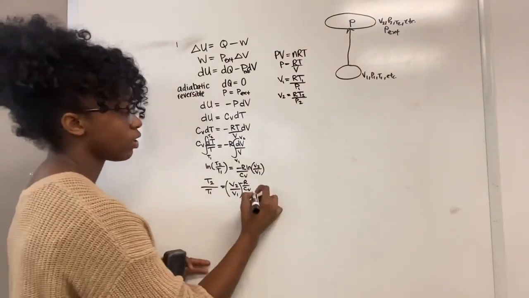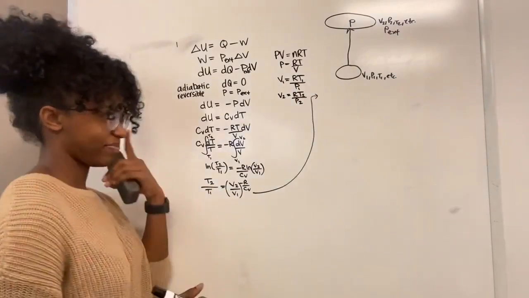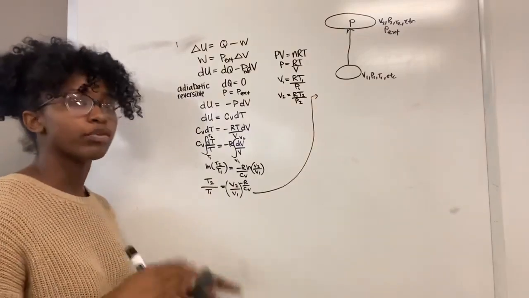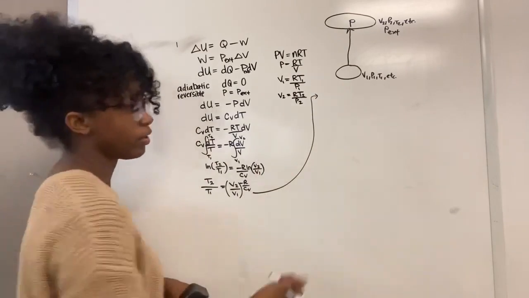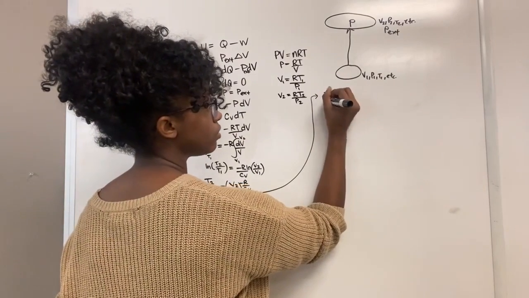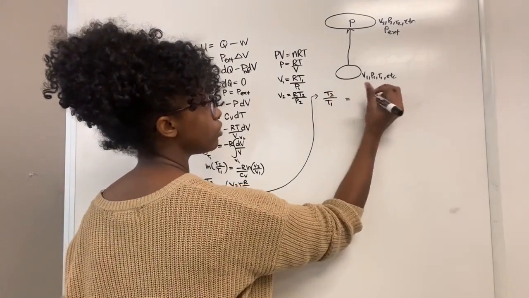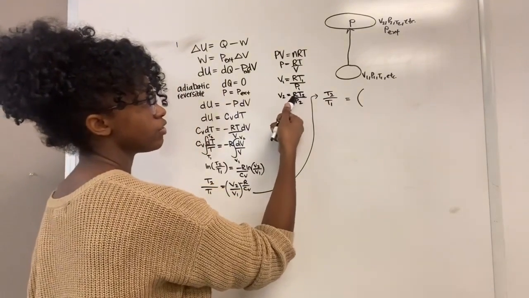And so by doing this, we can now bring this equation up here and rewrite it with the substitutions of our volume variables. So we have T2 divided by T1 is equal to V2, which is T2 divided by P2.